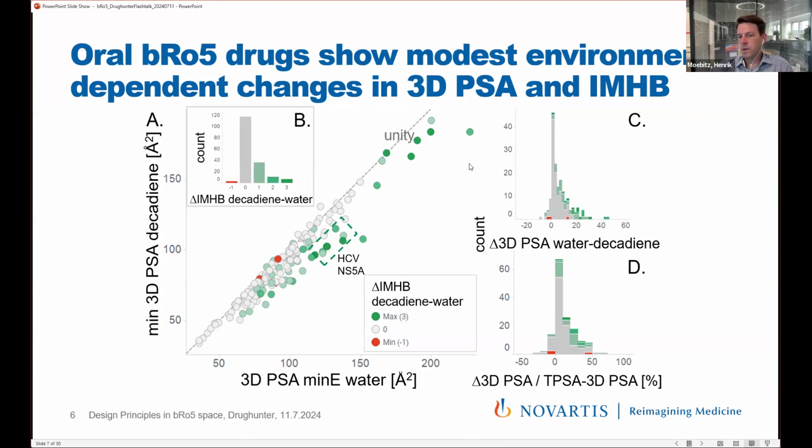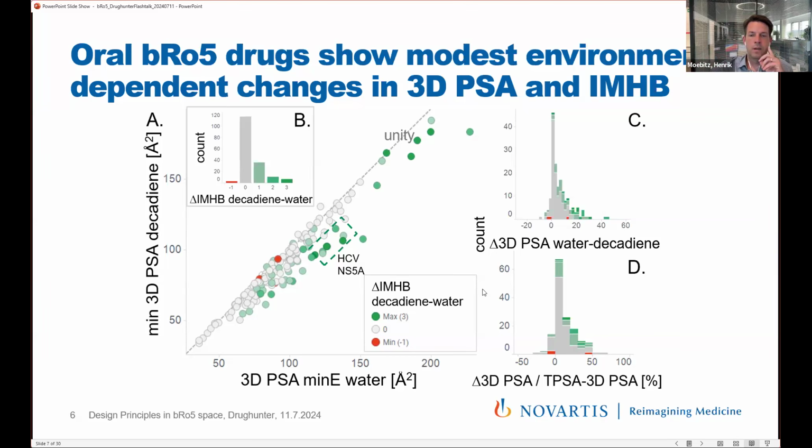And if you look at the totality of the difference, this only makes up a small fraction of the neutral TPSA, so in a way, the TPSA that's not accounted for by the 3D PSA. You can see that on the plot on the lower right.